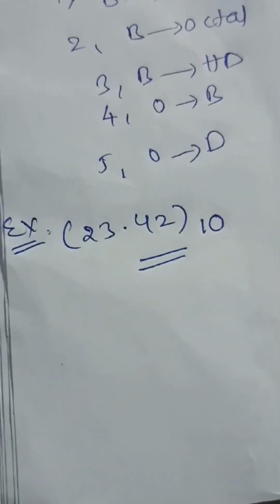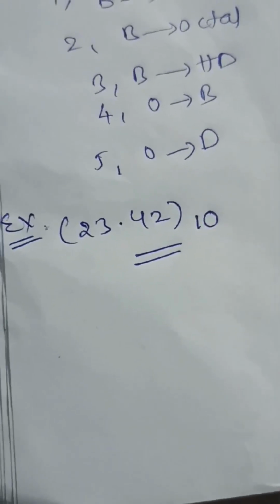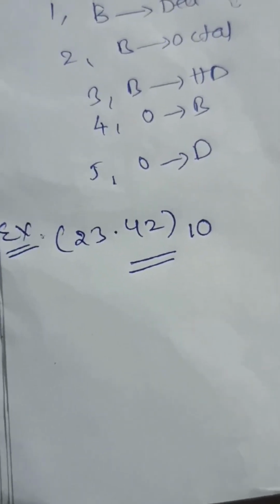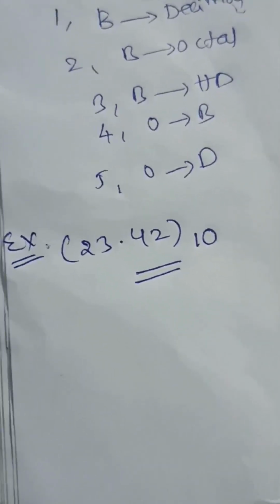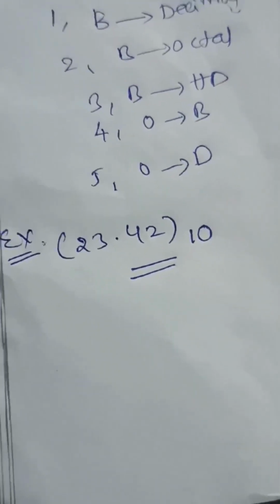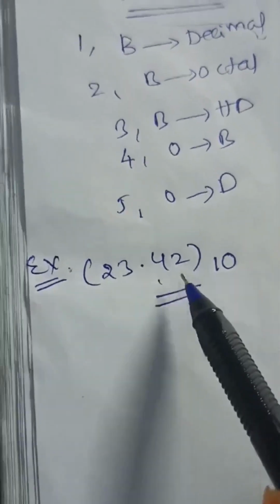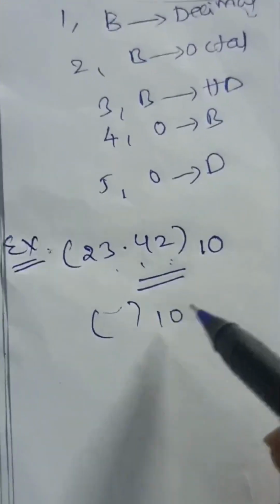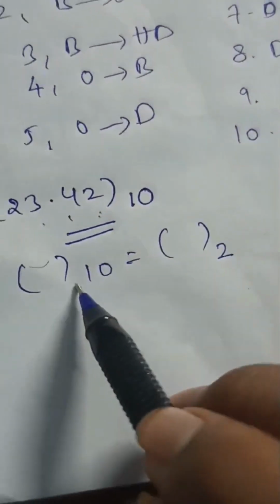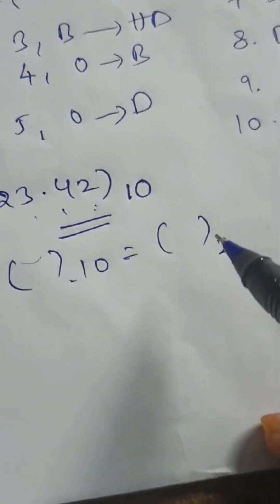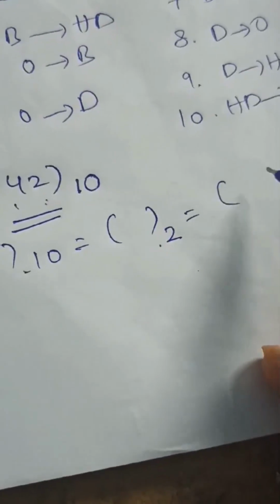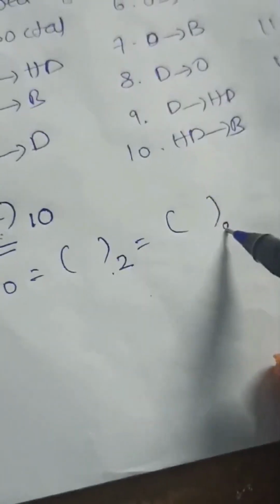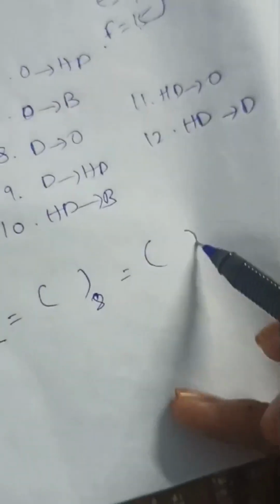In this video, let me discuss a decimal conversion to any conversion. 23.42 to the base 10 is converted into binary form. In this video, converting of decimal into binary, decimal into octal, and decimal into hexadecimal.